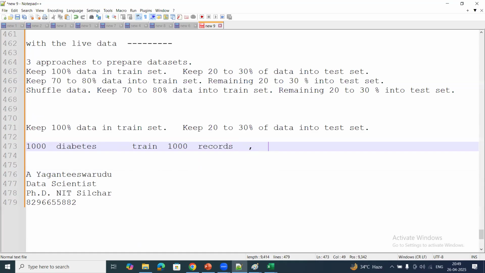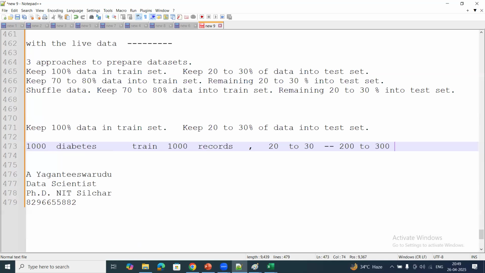Out of these 1000 records, test your model with 20 to 30%, that is 200 to 300 records. Take 200 to 300 records out of the 1000 and test your model.